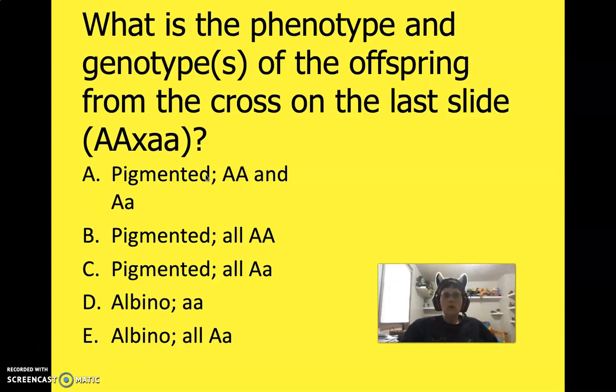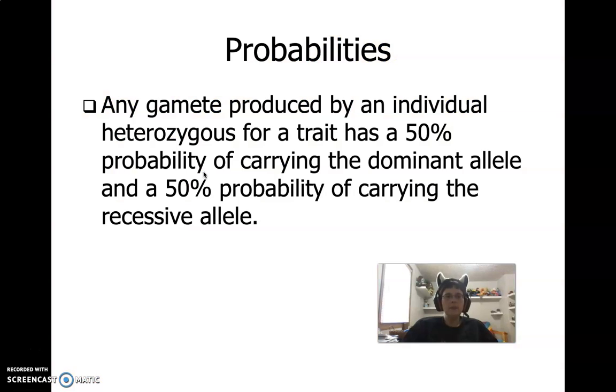And I've got one more for you. What is the phenotype and genotype or types of the offspring from this cross? And again, if you can't figure out the answer or you need to know what the correct answer is, you can shoot me an email or ask in office hours.